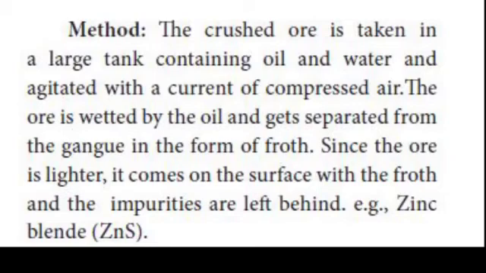The ore is wetted by the oil and gets separated from the gangue in the form of froth. Since the ore is lighter, it comes to the surface with the froth and the impurities are left behind. Example, zinc blende.